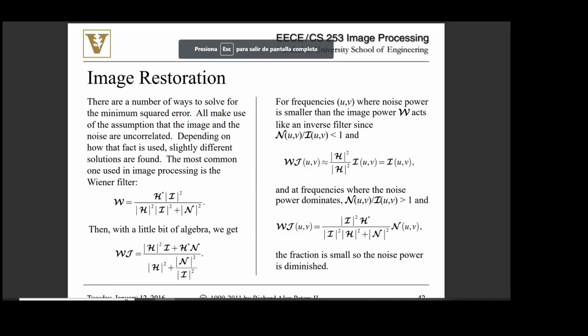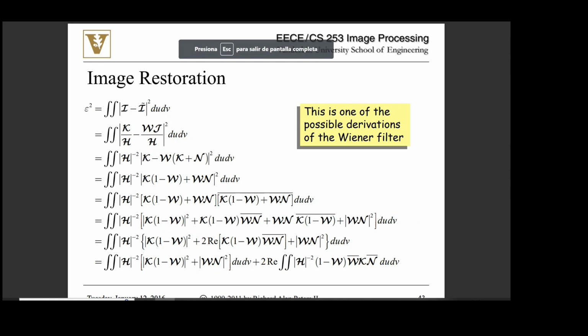Okay. How did I come to that filter? How did I know that was the filter I needed? So, remember our goal. Our goal was to have an estimate I tilde that is as close to I as possible. So this is summing, or integrating, over all frequencies, and then we simply substitute everything there.